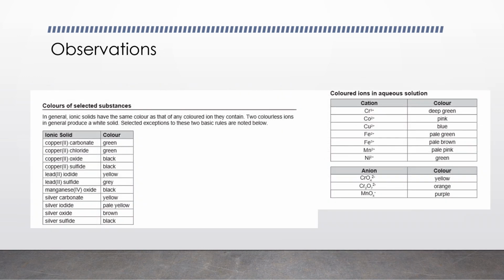Now we have to work out the colours. Chromium is a metal, so it's silver, and chromium sulfate, which is aqueous. Let's check our solubility tables and our coloured ions in solution table, and you can see that chromium here is a deep green solution.